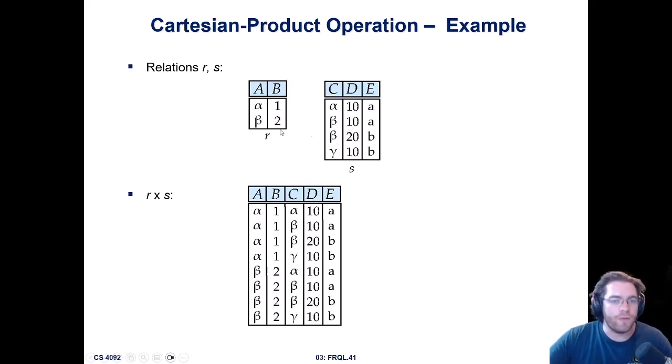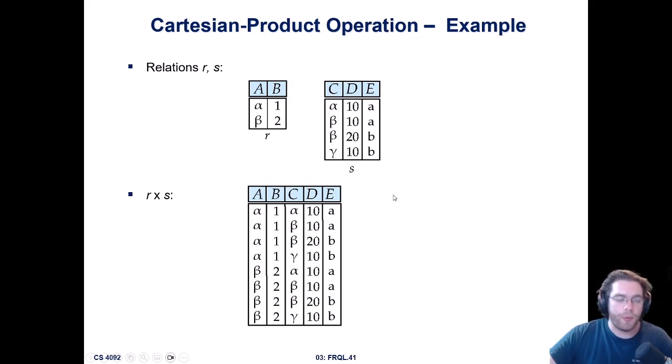And I do the same for my next row. For each row of my one relation, I combine it with each of these rows here. I do row 1 times row 1, row 1 times row 2, and so forth.